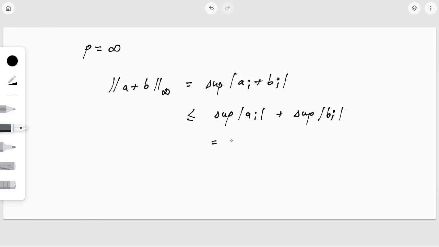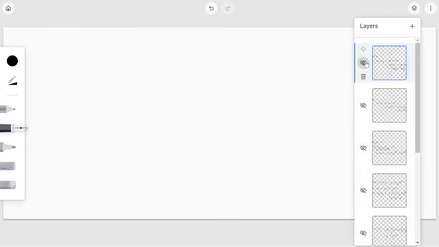Now what are these? These are nothing other than norm infinity of A plus norm infinity of B. So in case P is equal to infinity, we have obtained that norm infinity of A plus B is less than or equal to norm infinity of A plus norm infinity of B.